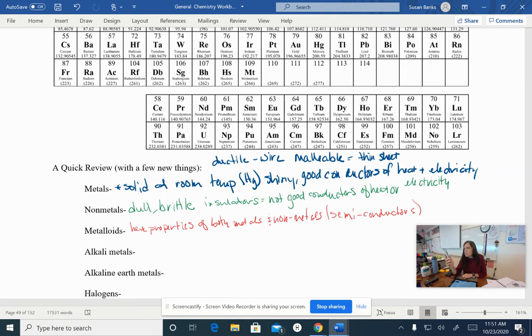So the chips that we have for our phones are made out of semiconductors. Usually they're made out of silicon. Okay? So let's put those on our periodic table first, and then we'll dive into the rest of these.